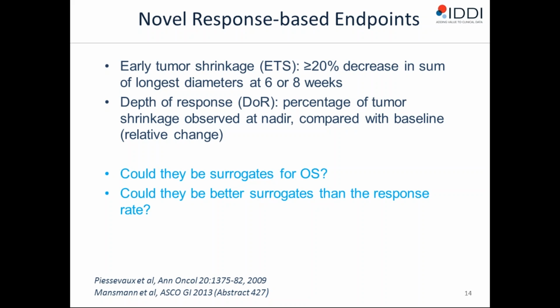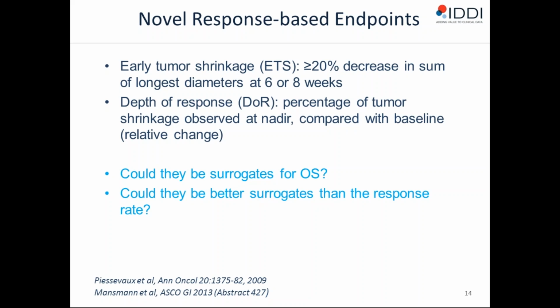Early tumor shrinkage is a dichotomous outcome according to which the sum of the longest diameters at a certain time point, more typically at 6 or 8 weeks, is compared with baseline, and if there has been a decrease of at least 20%, this characterizes early tumor shrinkage.